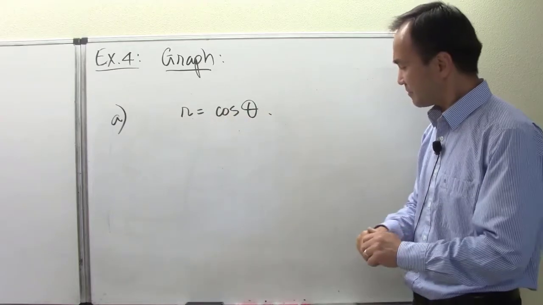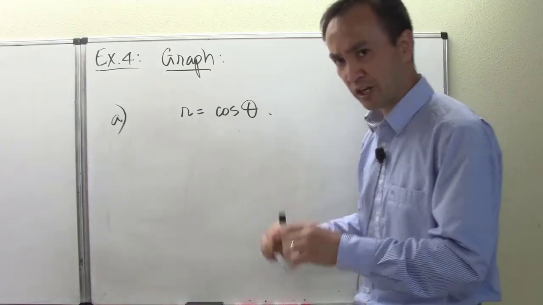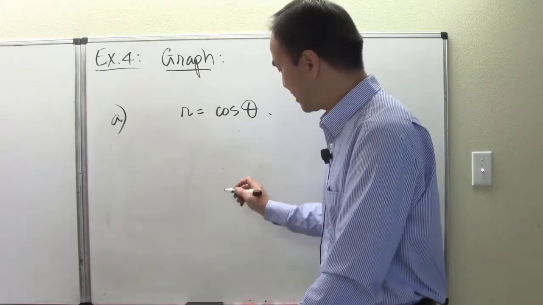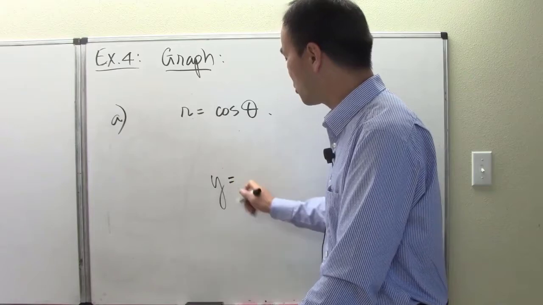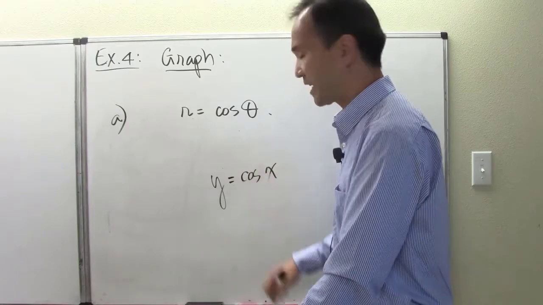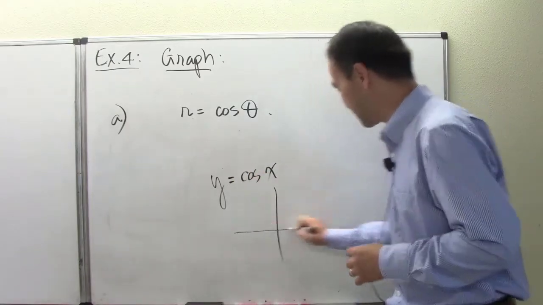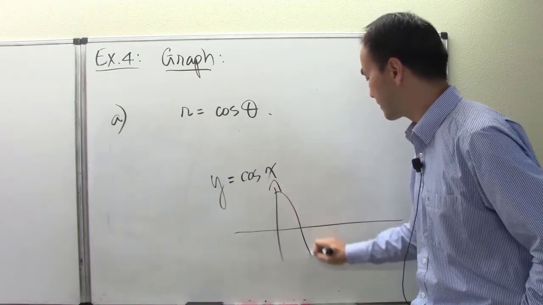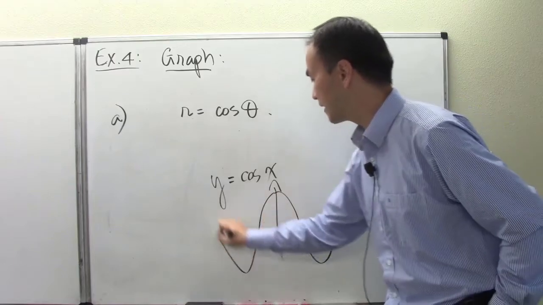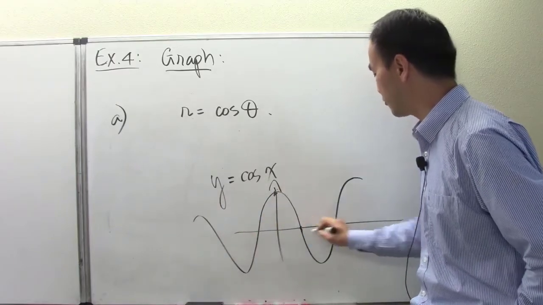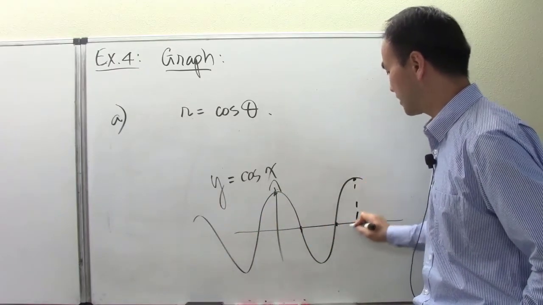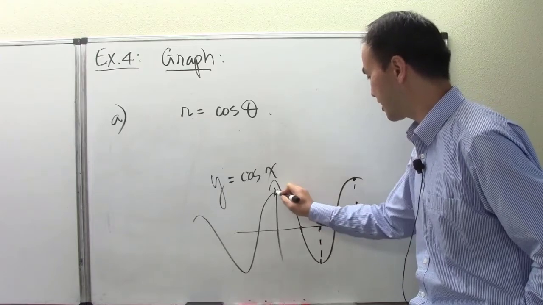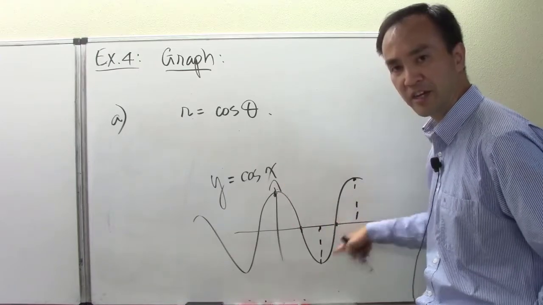From trigonometry, if we were graphing the function y equals cosine of x, for example, then our graph is this. I'm not intending to review your trigonometry understanding, but the cosine function in one period looks like that.